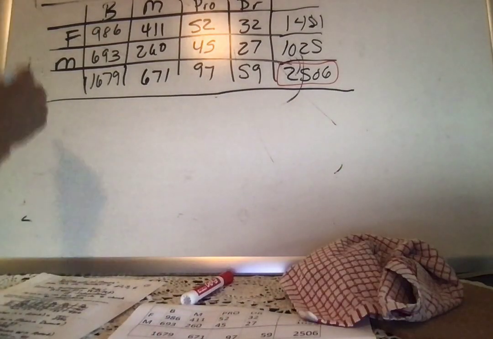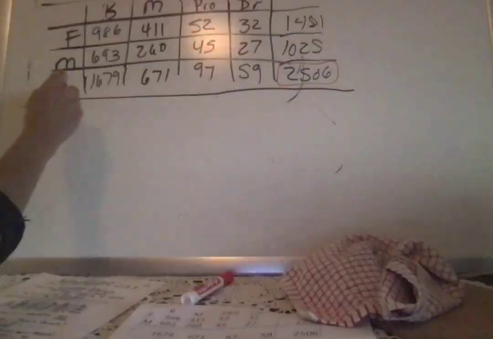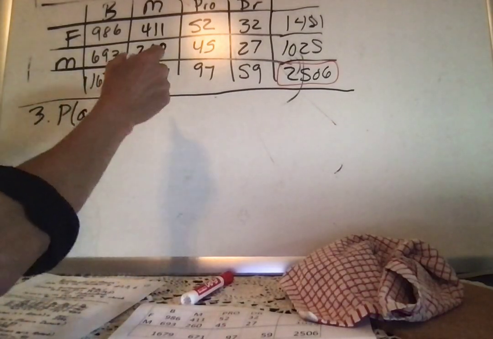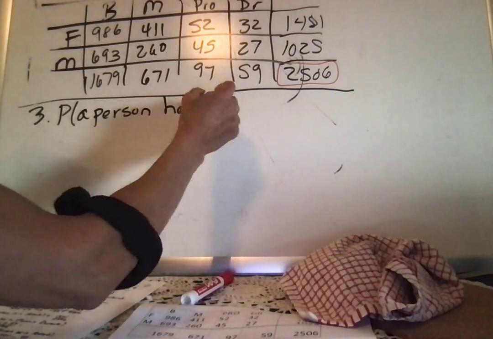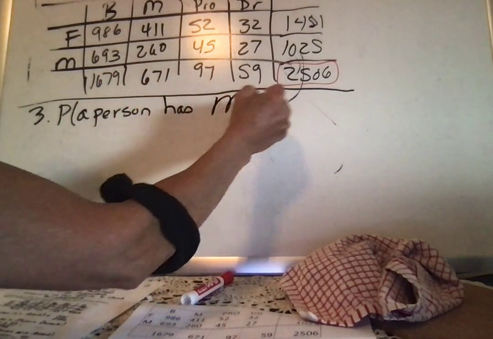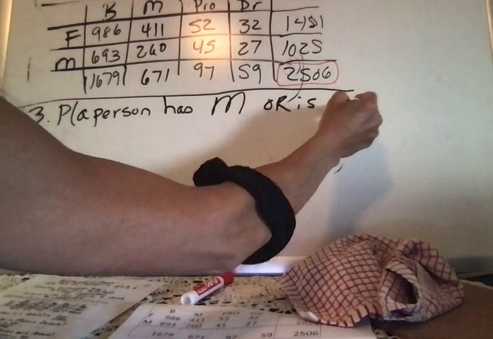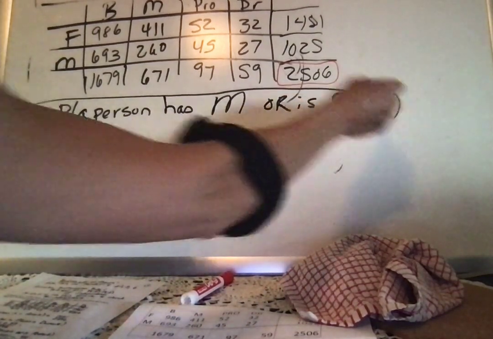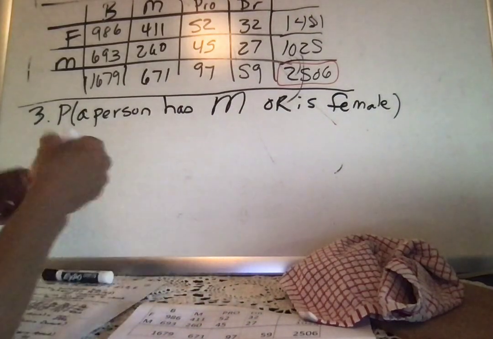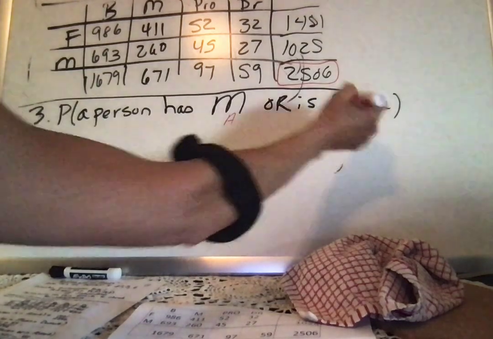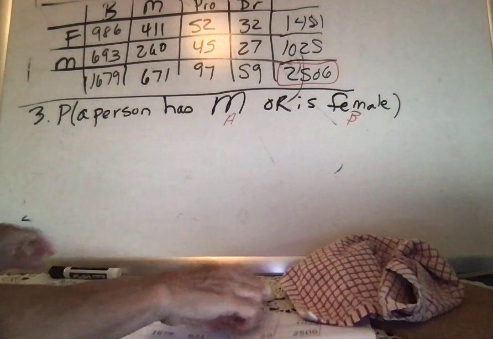Okay, so number 3 is really important. What's the probability a person has masters or is female? Okay, so this is kind of like event A is having your masters, event B is being female.